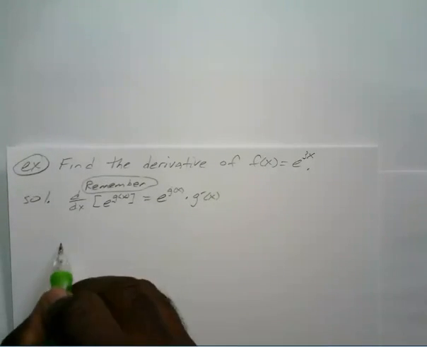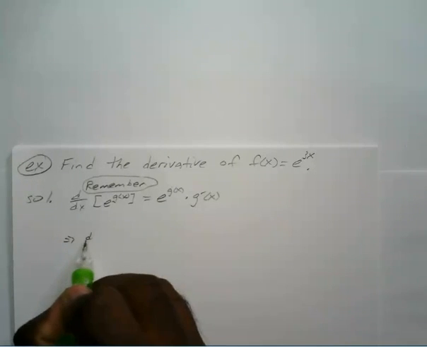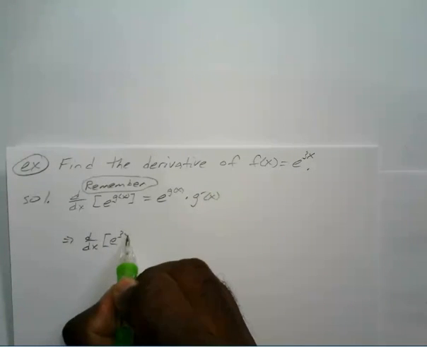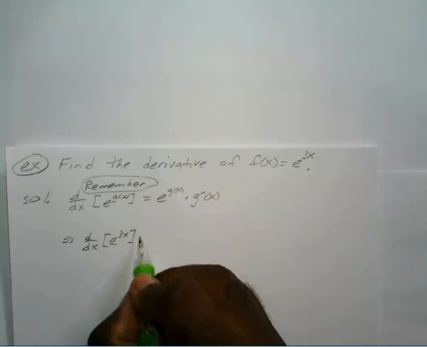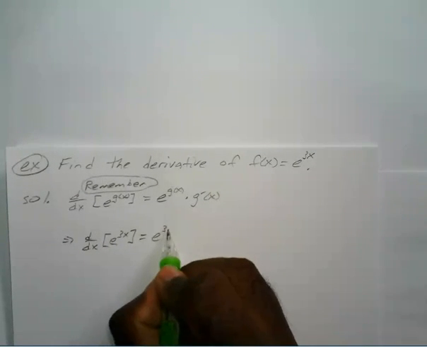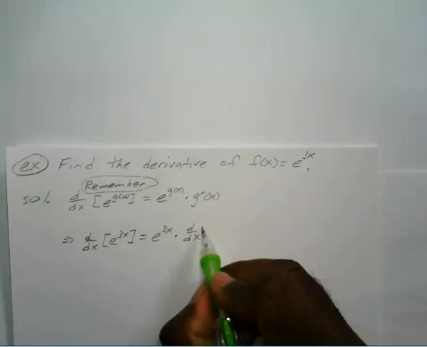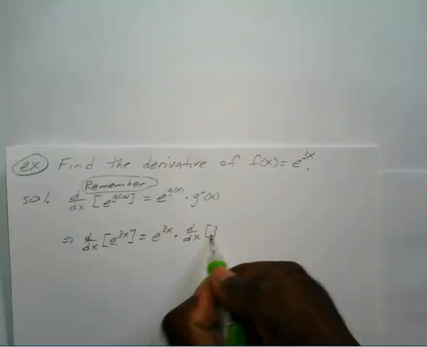So that means the derivative of e to the power of 3x is going to equal e to the power of 3x times the derivative of that exponent.